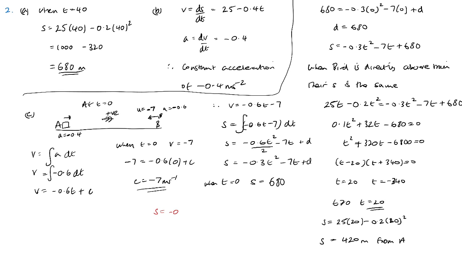S equals minus 0.3 times 20 squared minus 7 times 20 plus 680. So we get 0.3 times 20 squared is minus 120. 7 times 20 is 140, so minus 140 plus 680, and this equals 420 meters. Okay, so either way would have given me the answer there.